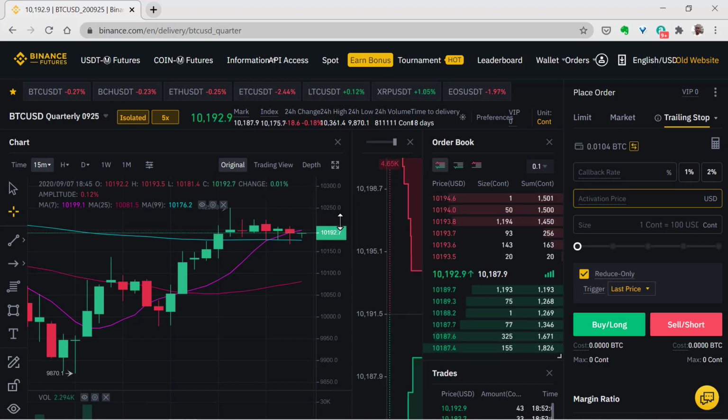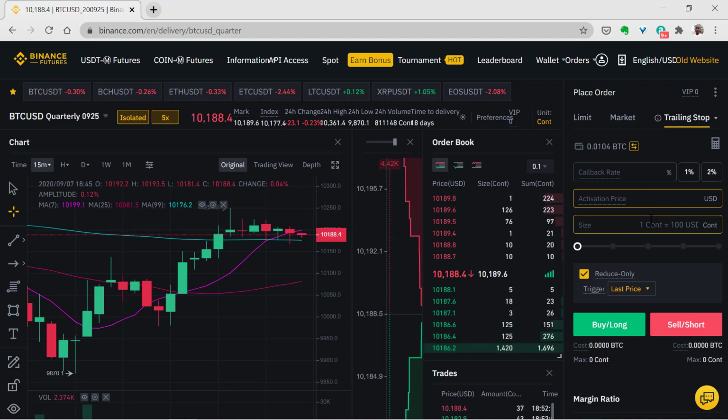So the trailing stop has three different fields here. We have the normal quantity, the activation price, and the callback rate. The activation price is the price at which this order gets triggered. It could be used as a take profit order or a stop loss, but most people use it as a form of stop loss order.